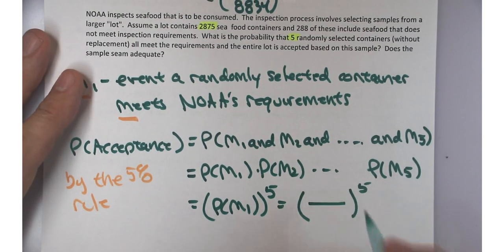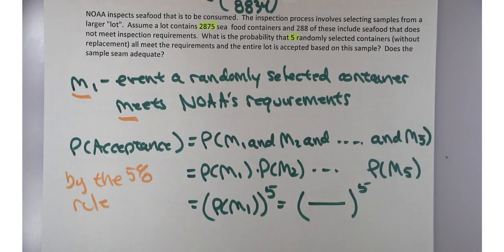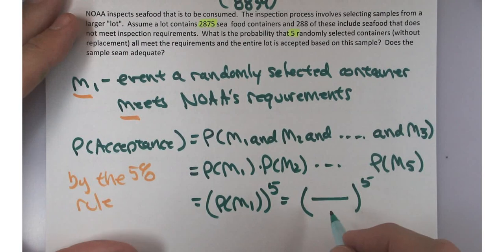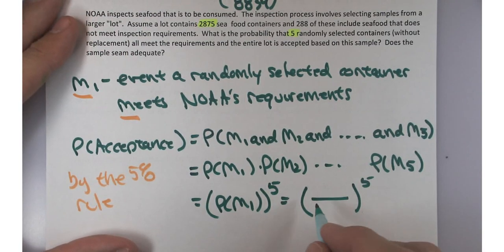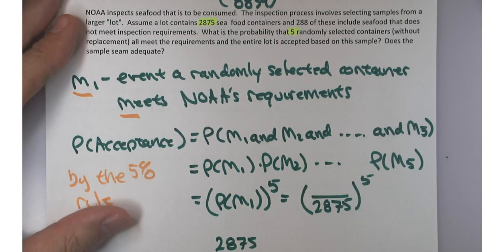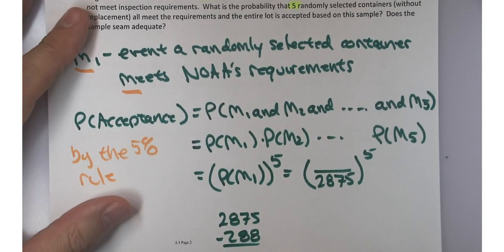So what's the probability that one of these things meets these requirements? Well, how many in this lot are there? If I take 2,875 and subtract 288, Romina, what do I get? 2,587. Good.